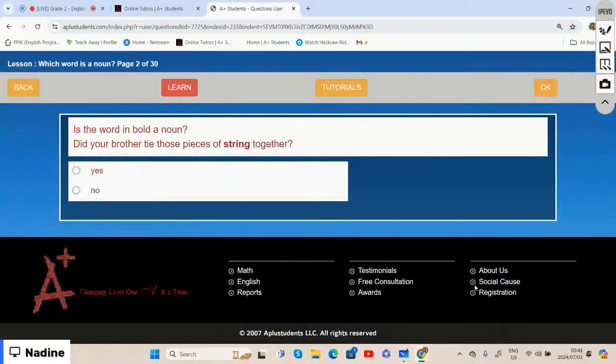Did your brother tie those pieces of string together? Yes or no. Is that a noun? We need to choose, is the word string a noun, because that word is in bold?